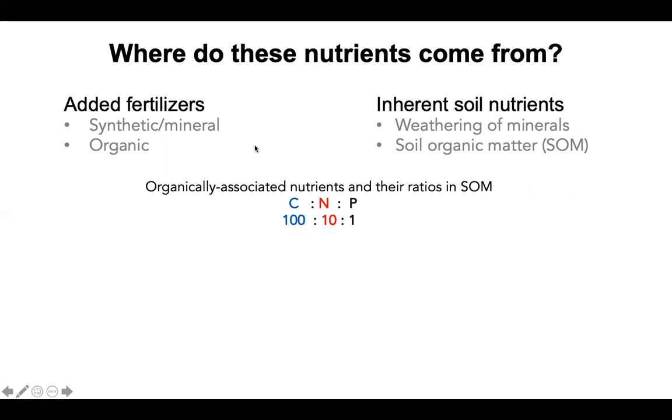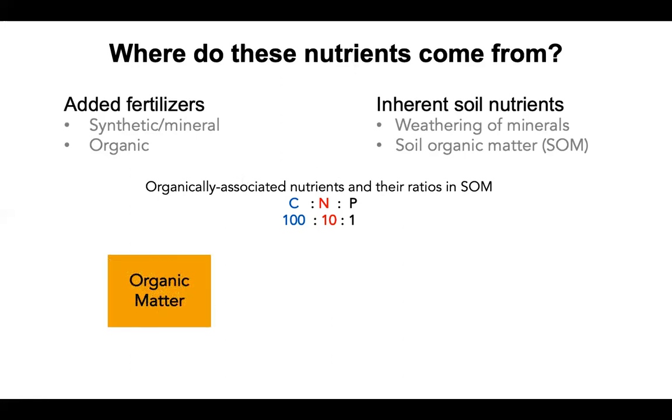It's not to say that this happens all the time, but there's a general tendency for soil organic matter to have this predictable ratio. And that ratio is 100 parts of carbon to 10 parts nitrogen to 1 part phosphorus. If you remember back to the microbial biochemistry lecture, this ratio differs between the inherent soil organic matter and the soil microbial community within that biomass.